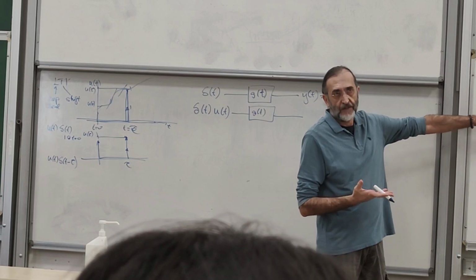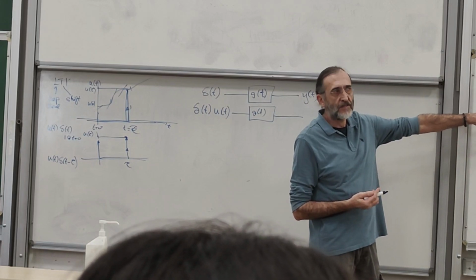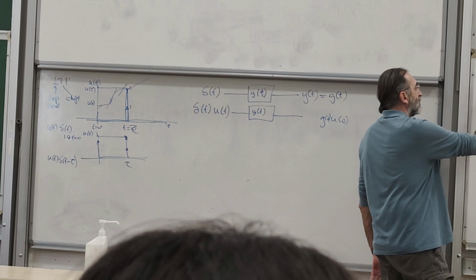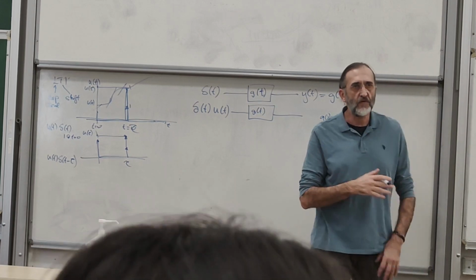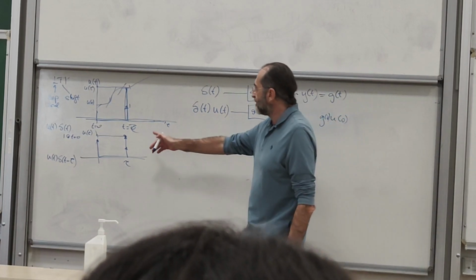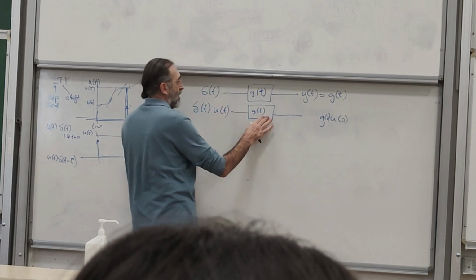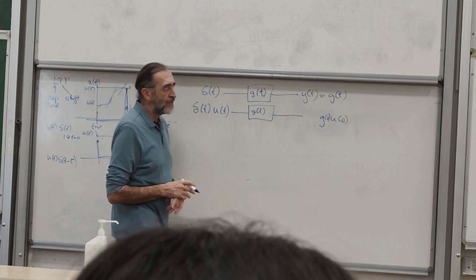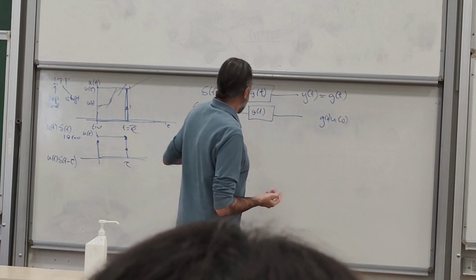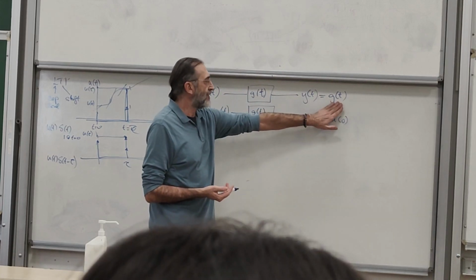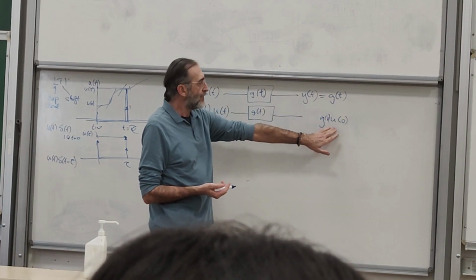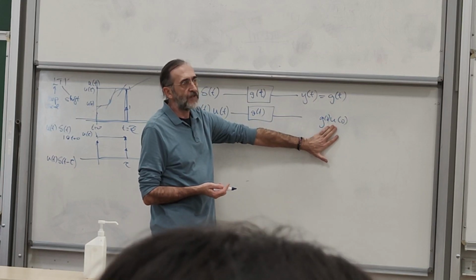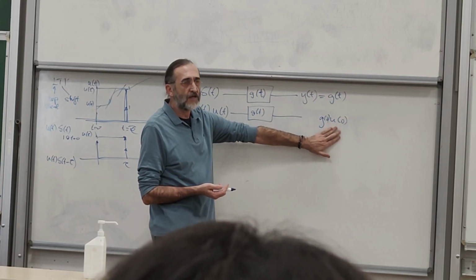It could be a signal, but now I'm considering that it's a system. The only thing I'm considering is this. Everywhere else, it has collapsed, both the system and the time. So all I'm doing is multiplying that g of t with this constant.